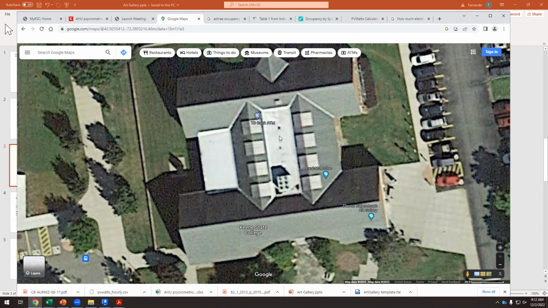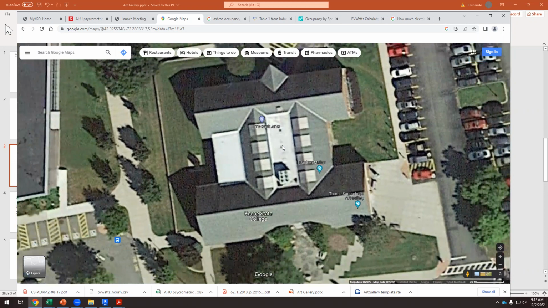I don't know what this is, but for sure there's some equipment here. It looks like a chiller or an air handling unit. But I think it's a wise decision because they hide all these elements with these 2 gable roofs. So when we are walking, we're not aware that we have things on the roof. Okay, so that's a good decision.